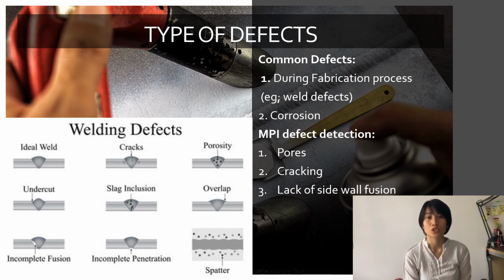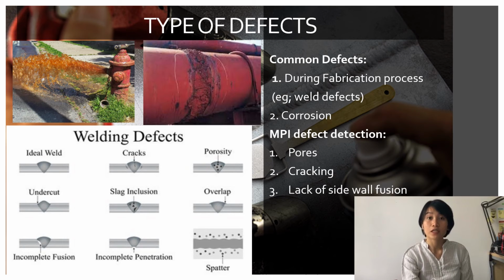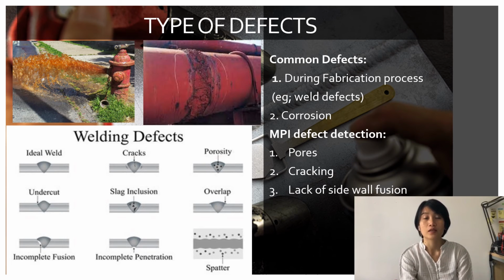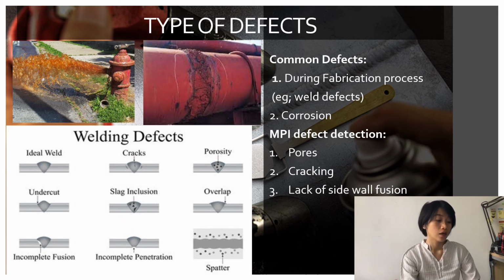As shown in this picture, there are a few types of welding defects that could be detected using MPI. The defects that could be detected using magnetic particle inspection are porosity, cracking, and lack of side wall fusion in the weld.